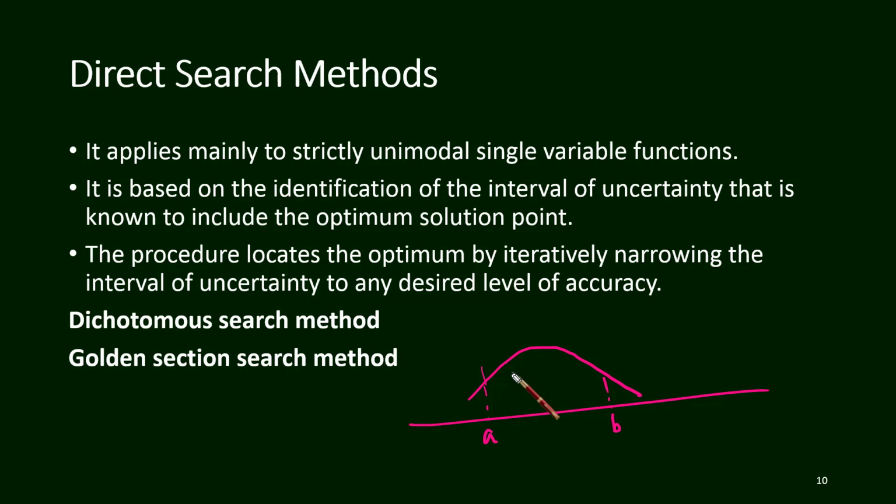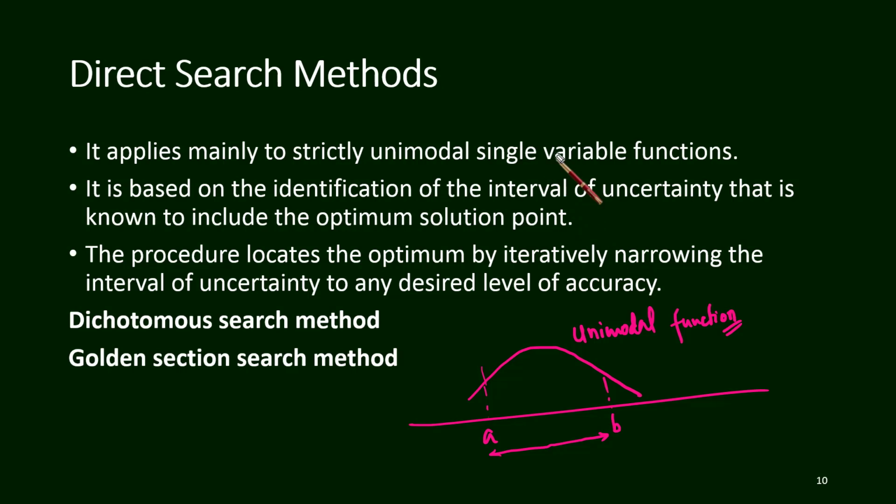Then it will be known as unimodal in this interval. So in between this interval, only one peak value should be there. Then it will be known as a unimodal function. Clear? So that is very important.